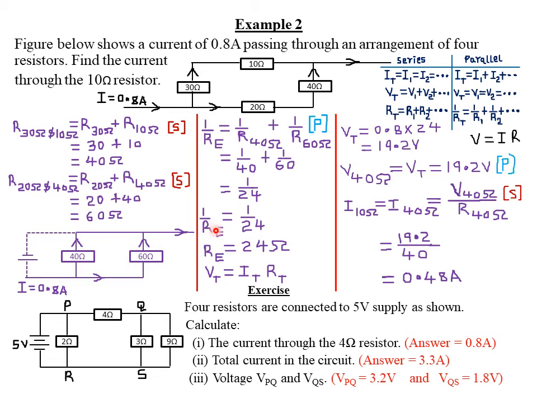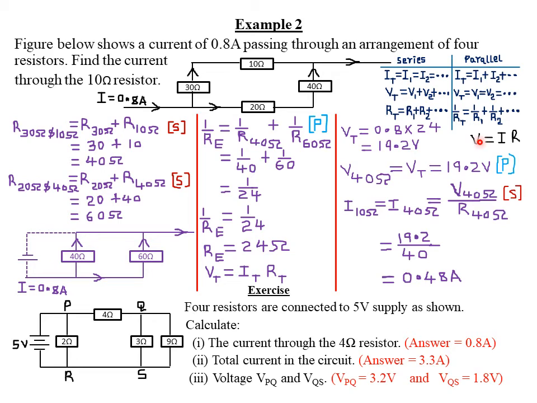If 1 over R effective is equal to 1 over 24, taking reciprocals on both sides, or cross multiplying, you end up with effective resistance equal to 24 ohm. Now, because we have the effective resistance through the circuit, and we also have the total current through the circuit, we can easily find the total voltage through the circuit.